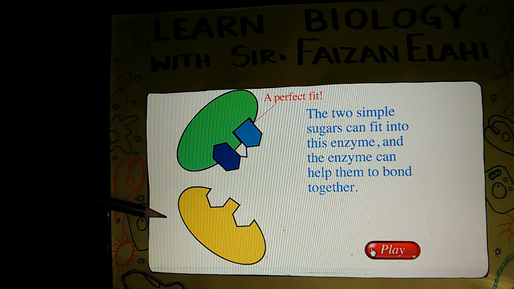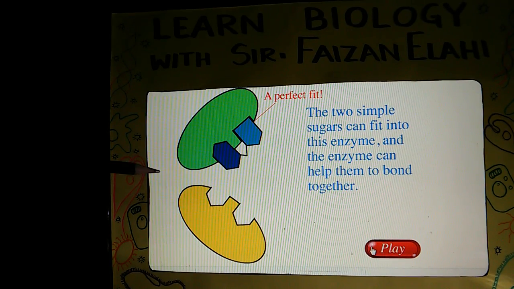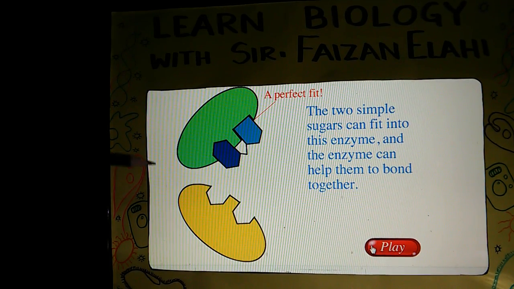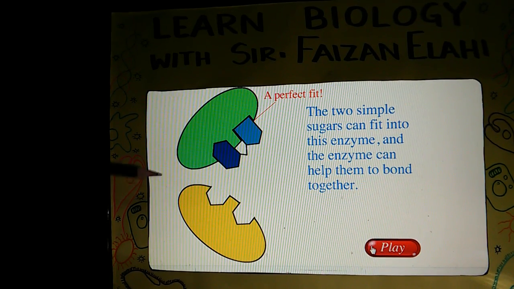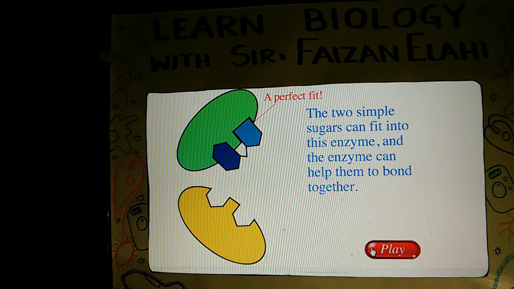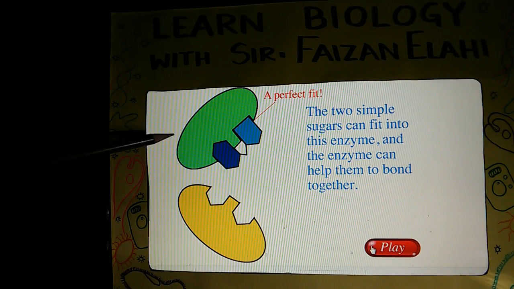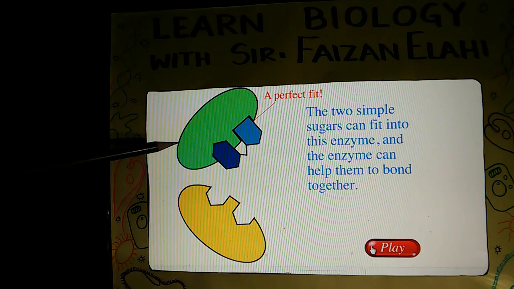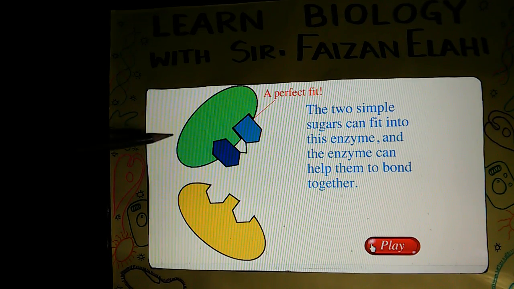While the yellow enzyme in the previous slide, as you have observed, is involved in breaking down big molecules and converting them into simple molecules. So the yellow one is acting as a digestive enzyme, and the green one is acting as a formation enzyme, which is involved in the formation of big molecules.